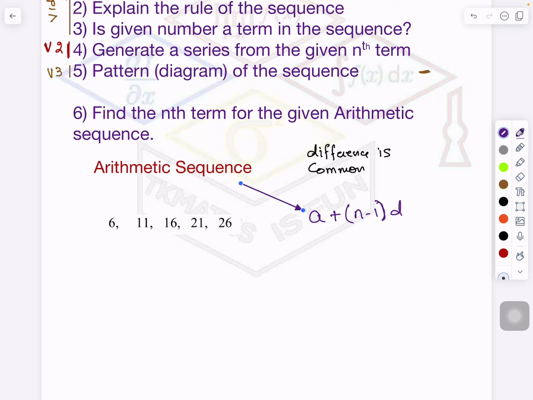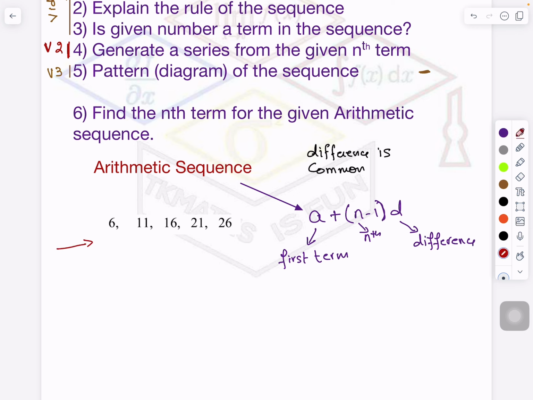Now what is the meaning of a, n and d? a is the first term in the sequence, n is the nth term, and d is the difference. So if you look at the sequence, what was the first term?